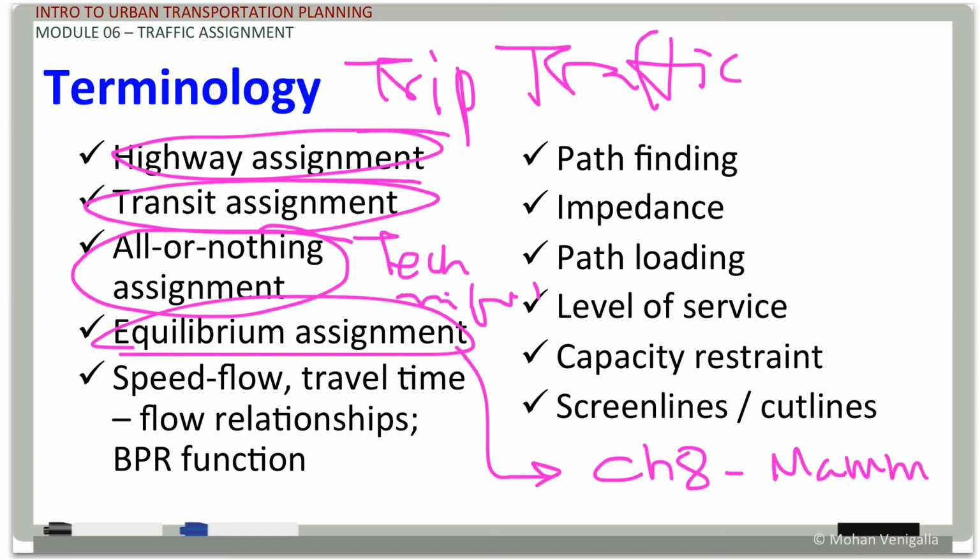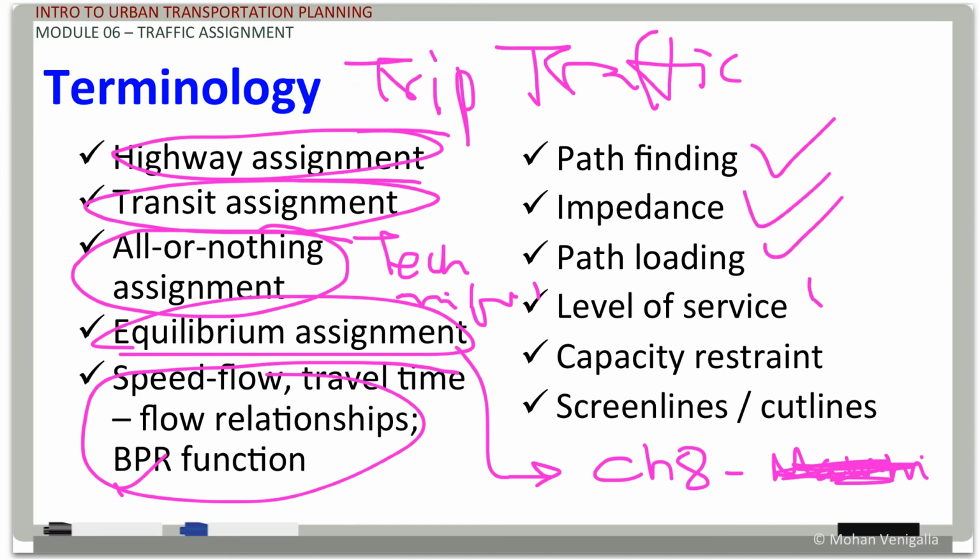I'm sorry, not Killaresky, that author is no longer on that book. So Mannering and Washburn. We will have the speed-flow, travel time-flow relationships, and the BPR function. We will learn about path finding, impedance, path loading, level of service. You know already, capacity restraints, screen lines, and cut lines. We can introduce them here or in module 8. It's better talked about in module 8.